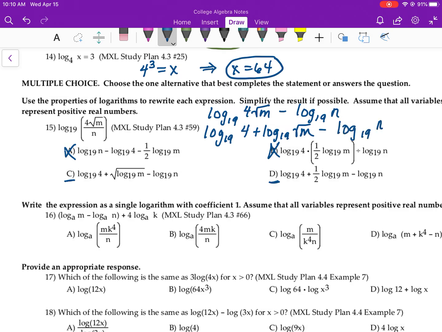All right, that's not looking like choice C. I know it's choice D because the square root is a 1/2 power. That's going to go right in front right here. Let's go with choice D.